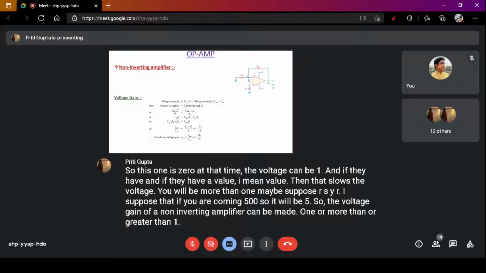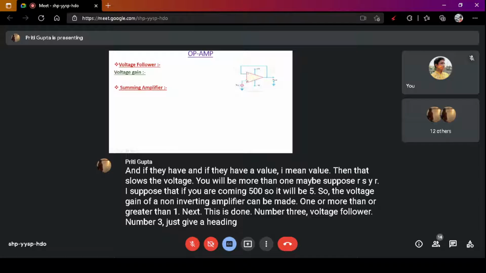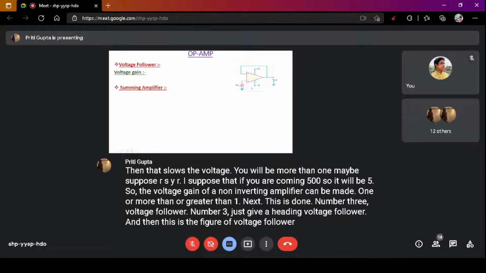Next, this is done. Number 3, voltage follower. Just give a heading, voltage follower, and then this is the figure of voltage follower. Draw this.